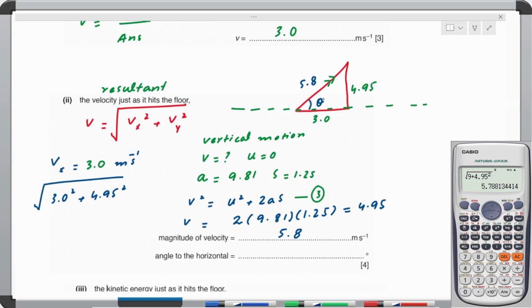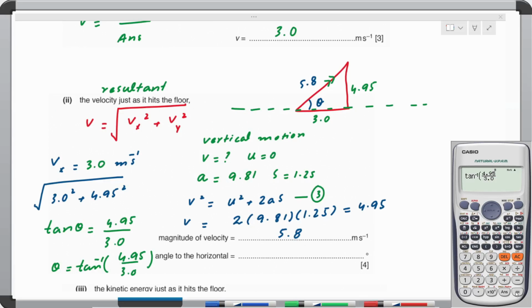I can use 4.95 perpendicular over base, which is 3.0, and theta equals tan inverse of this fraction, 4.95 divided by 3.0. Then you can once again hit it on the calculator: shift tan inverse, then you write the fraction, 4.95 divided by 3.0, and you press equals.